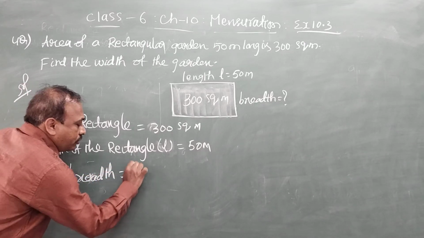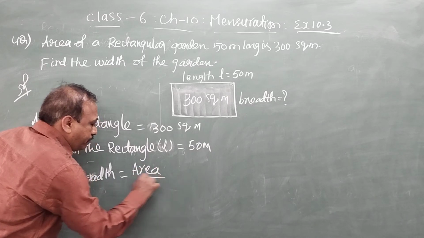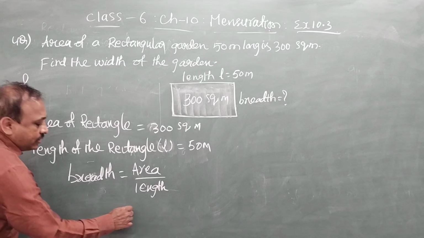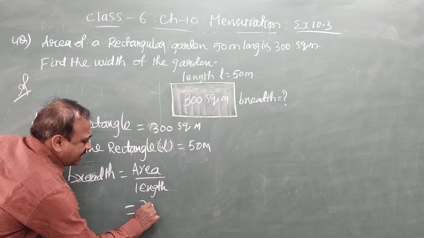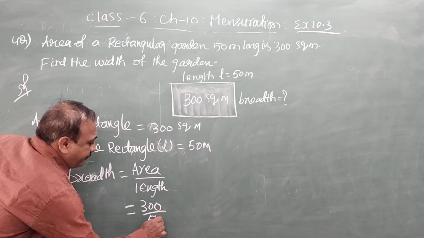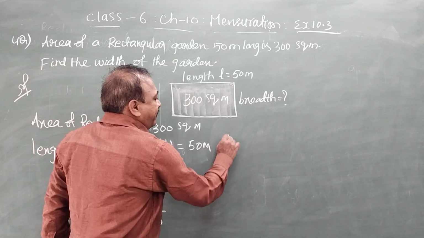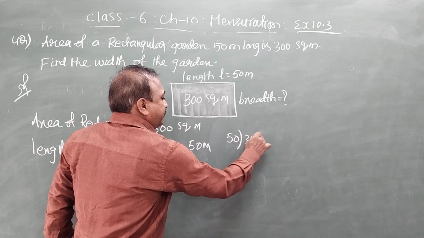Breadth is equal to area by length, which is 300 by 50. If you divide 300 by 50, 50 6s are 300.